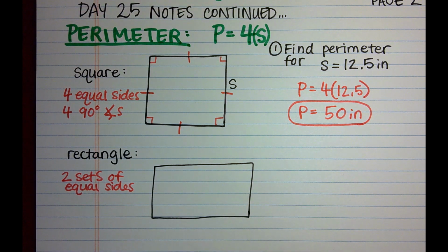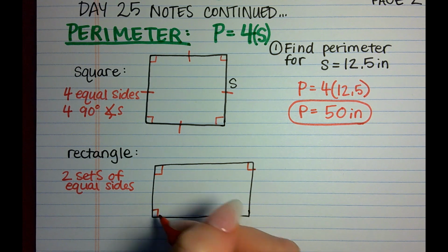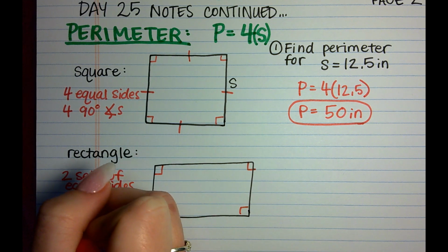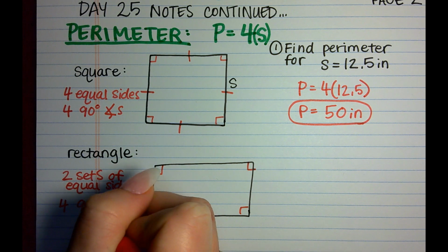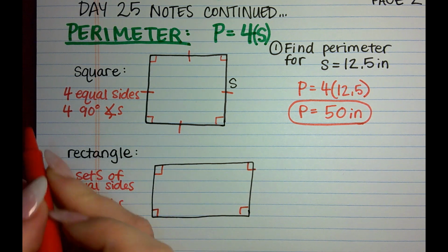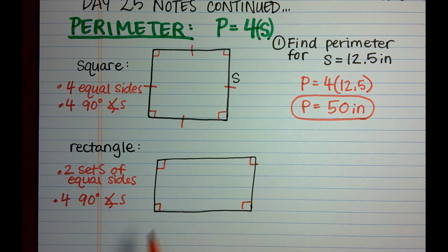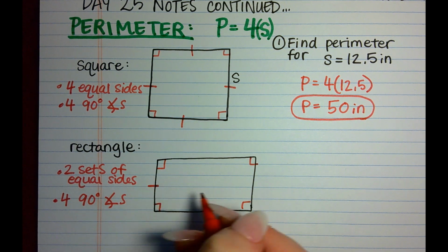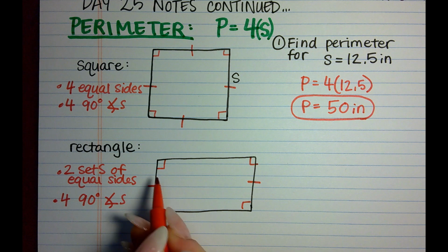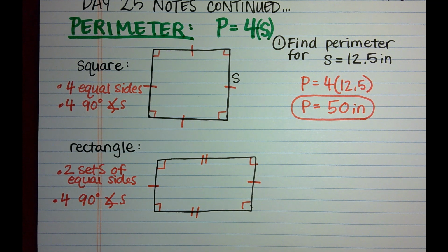Still 90 degrees. You have to have all four angles at 90 degrees for it to be a rectangle. Okay, so here's how I'm going to label my two sets of equal sides. I'm just going to put one tick mark on my two short sides. I'm going to put two tick marks on my long sides, like that.